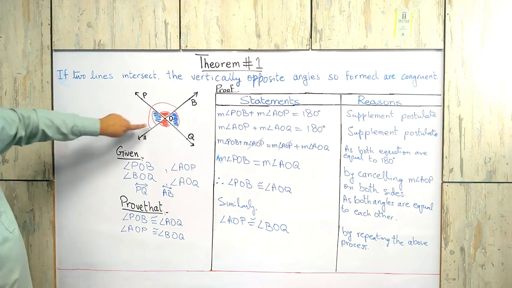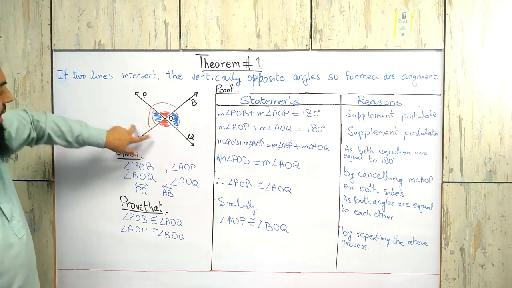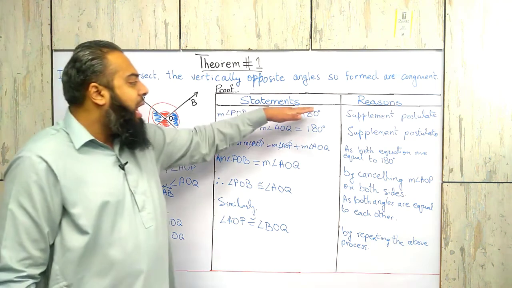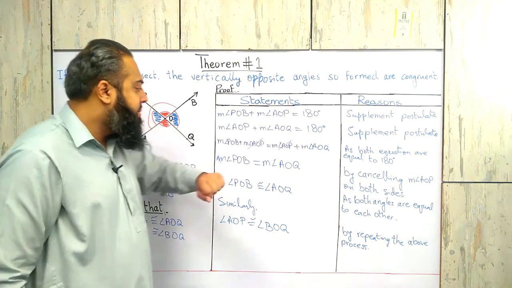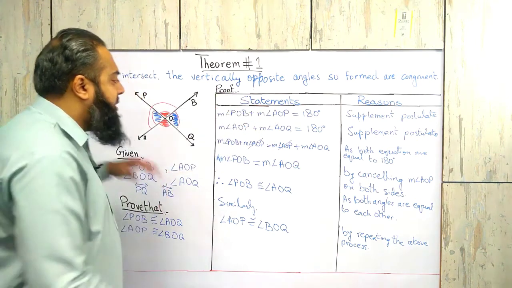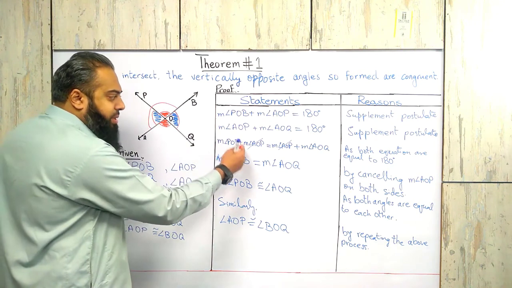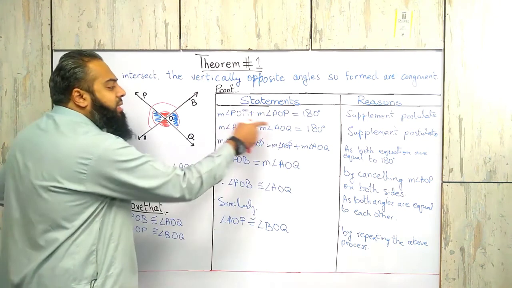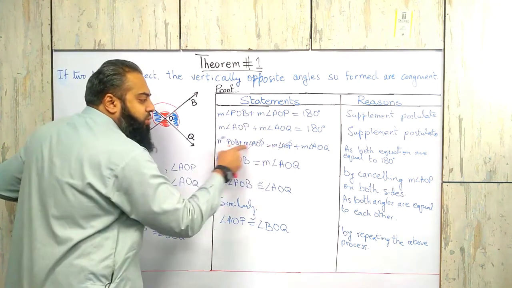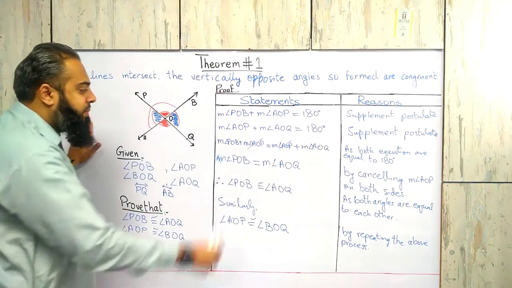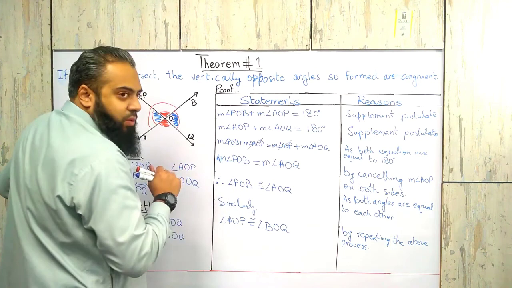As both are equal to 180 degrees, these two equations will be equal to each other: measure angle POB plus measure angle AOP equals measure angle AOP plus measure angle AOQ. I have written the reason over here, you can see.